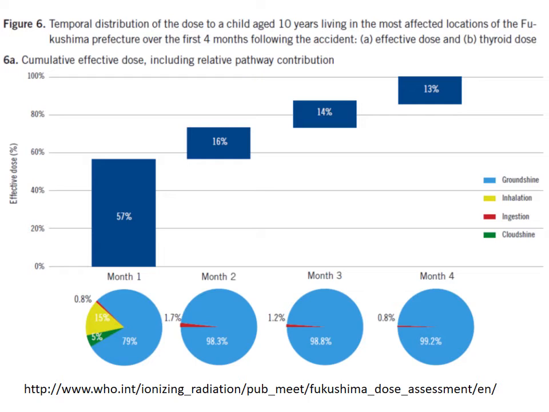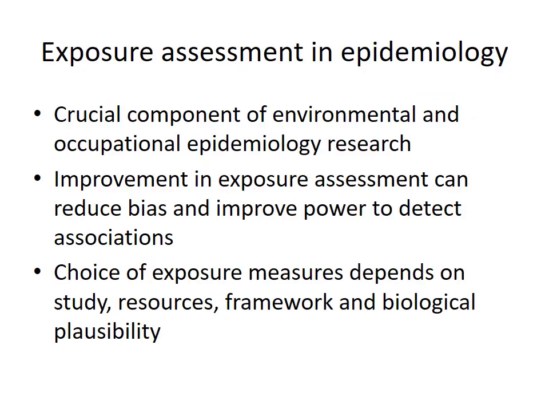And very little happens in the very first month, but happens because of inhalation, ingestion, and then cloud shine, which is really the initial first release. So you can see these incidents are very complex, and many times the ability to estimate exposures can be impacted because of the nature of that type of release.